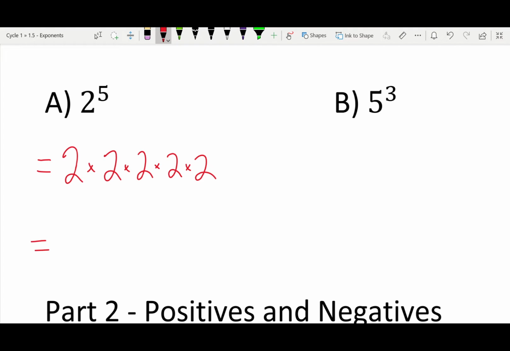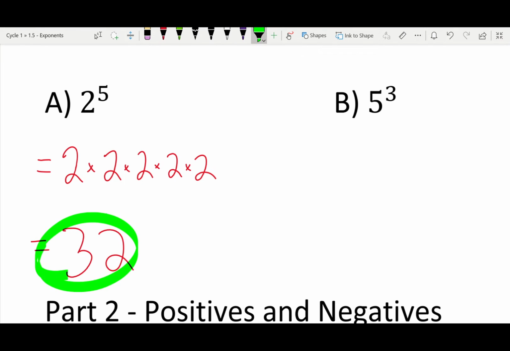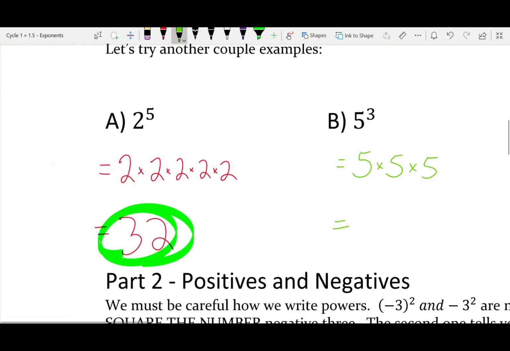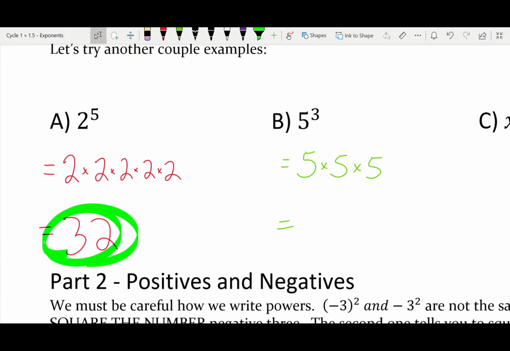But in this case, 2 times 2 is 4, times 2 is 8, times 2 is 16, times 2 is 32. Or we can do 5 to the power 3, which is again 5 times 5 times 5. The little number is just telling you how many times itself it is. So 5 times 5 is 25, times 5 is 125.